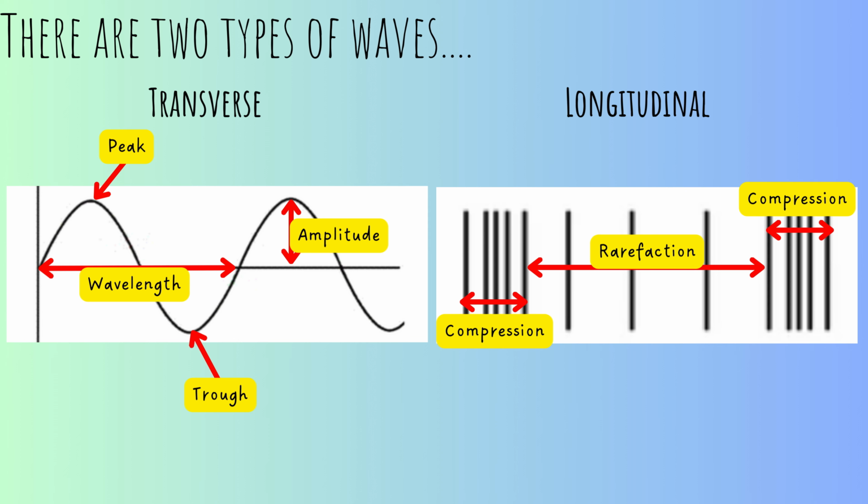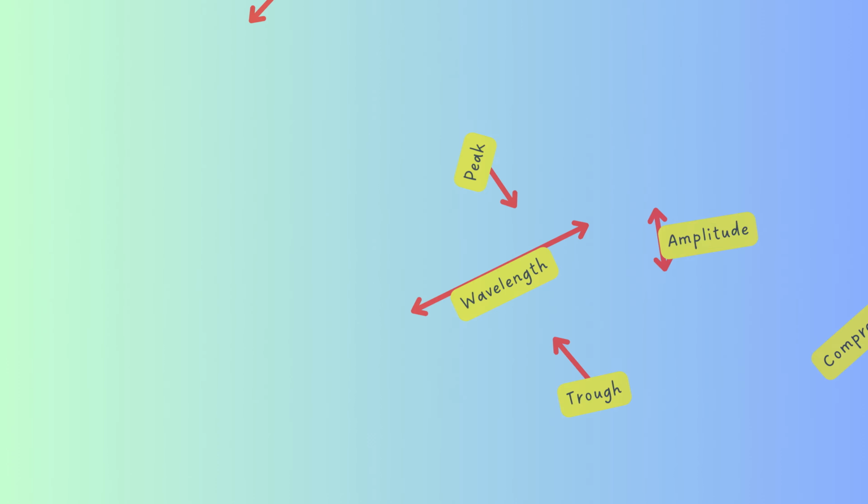Rarefaction is where the waves are spread out, and compression is predictably where the waves come really close together. You should recognize the patterns in them and remember those two words, but it doesn't appear quite as frequently as transverse waves do. So use your time wisely here.